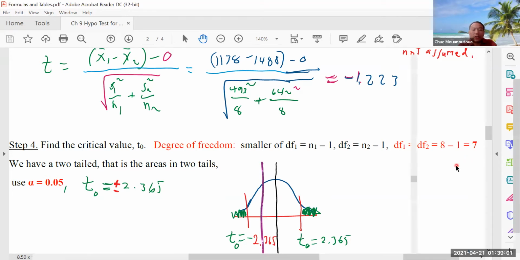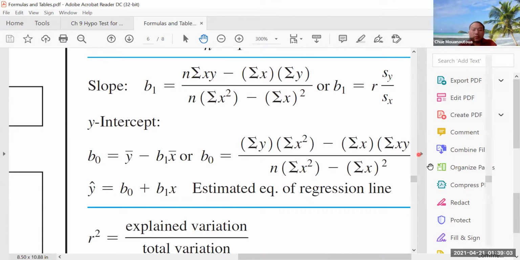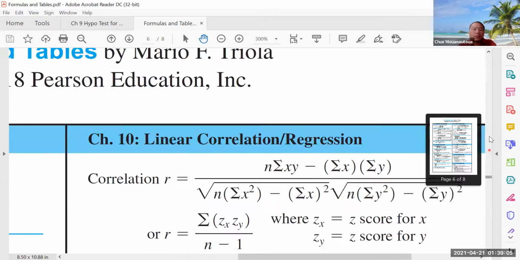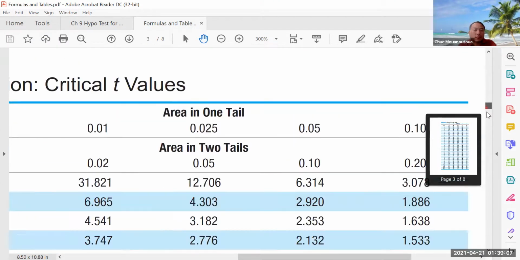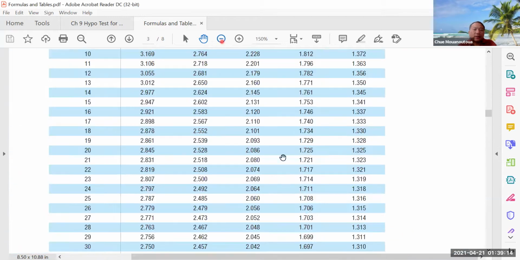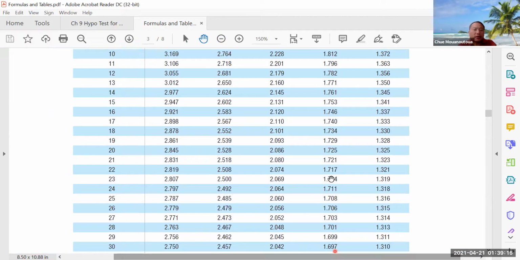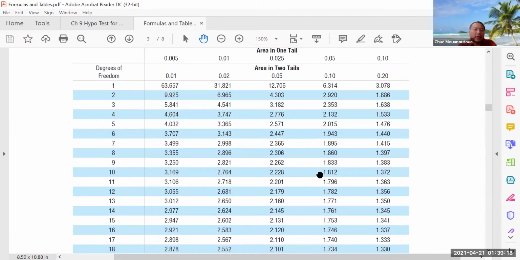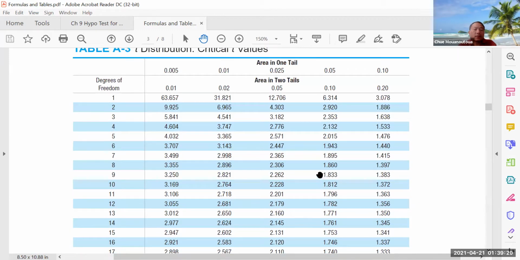So let me share this table. We look at alpha 0.05, which is the area in two tails, and degrees of freedom is 7.